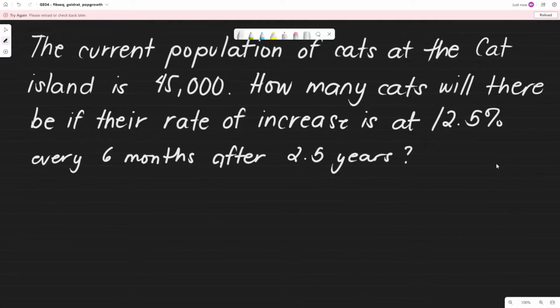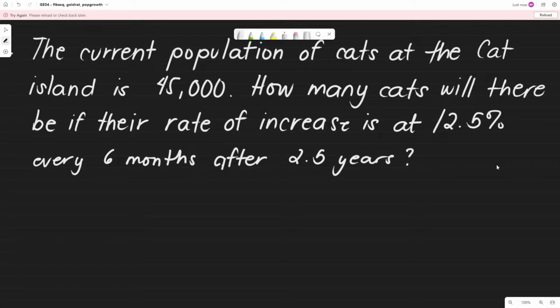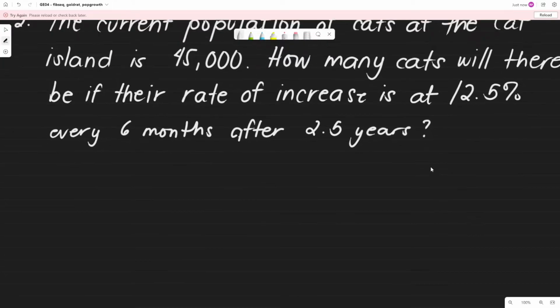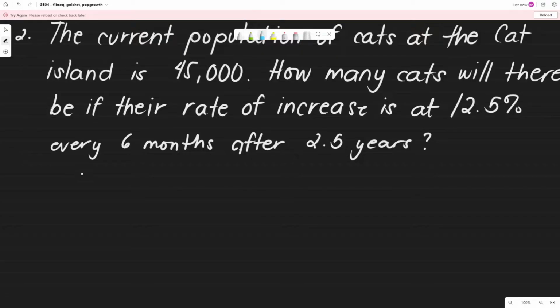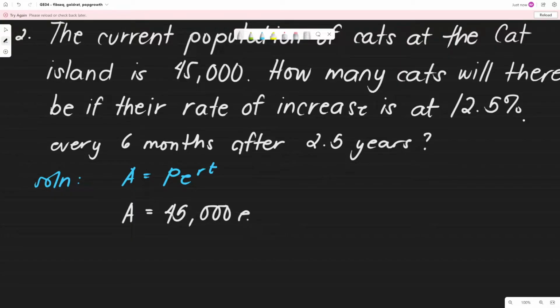So the population of cats at the Cat Island is 45,000. How many cats will there be if their rate of increase is 12.5% every 6 months after 2.5 years? We're going to use the same formula for the solution: A is equal to Pe raised to rt. The base population is 45,000, and e is raised to our rate.